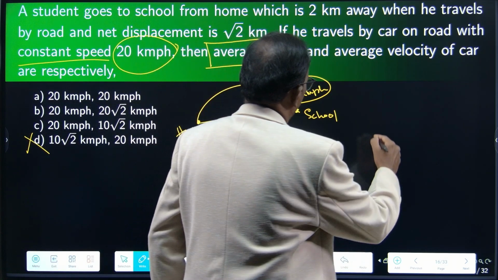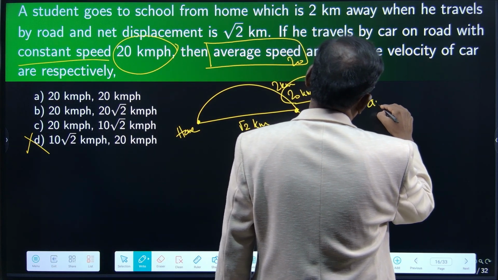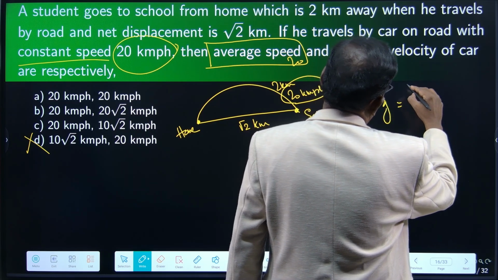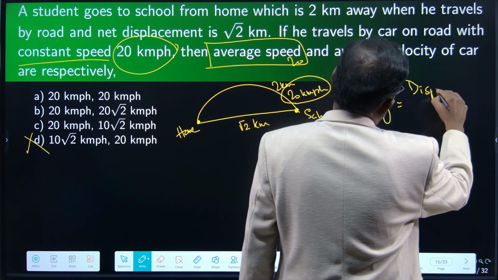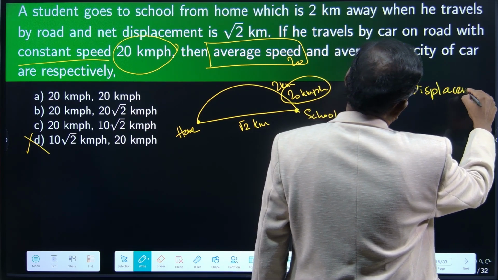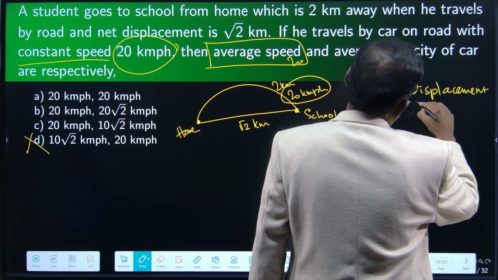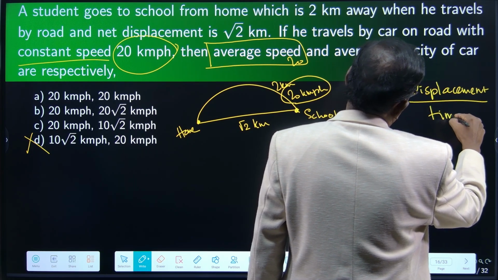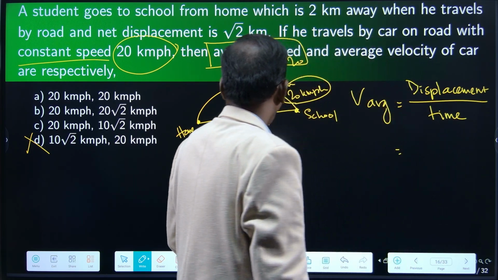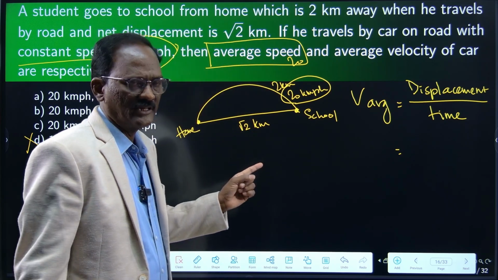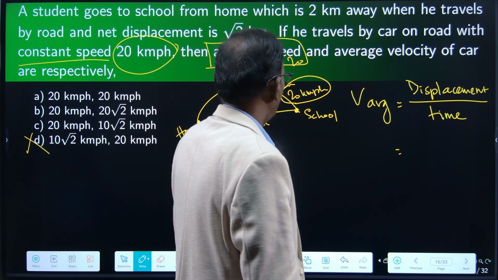So average velocity is equal to total displacement divided by time. Displacement is available, root 2 kilometer. Time is not available.